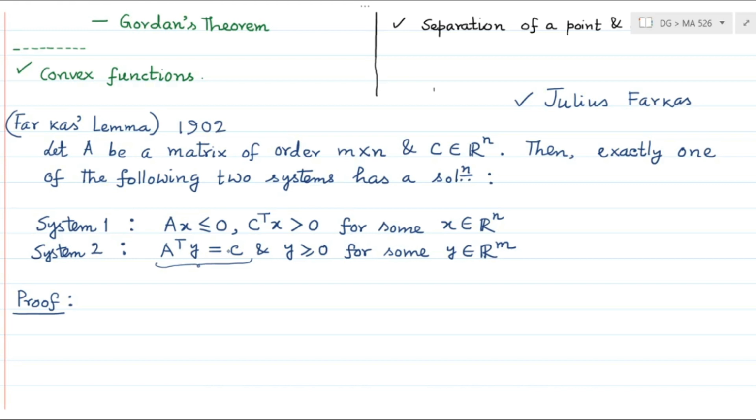Therefore it is easy to check whether system 2 has a solution. If you find that system 2 does not have a solution, if system 2 is inconsistent, then obviously system 1 will have a solution.